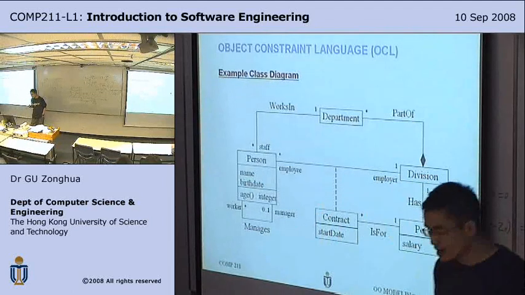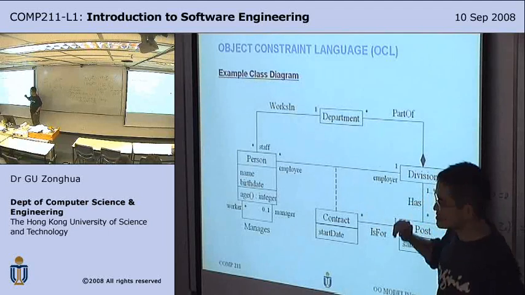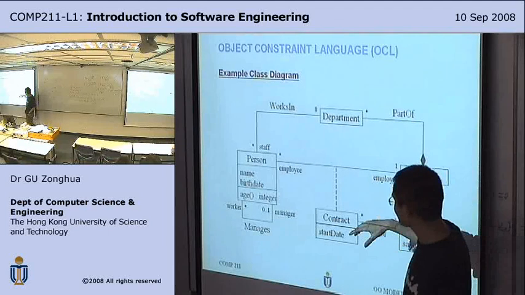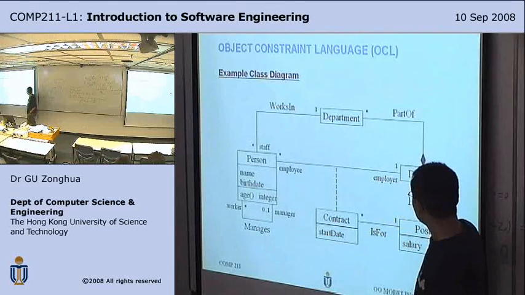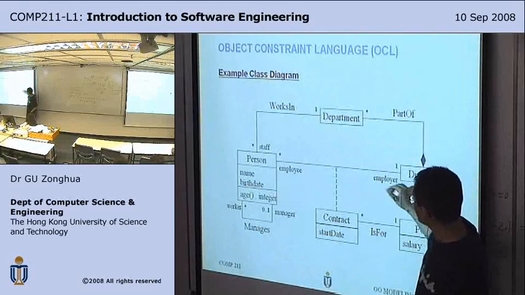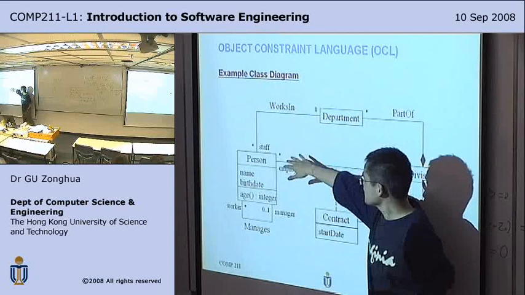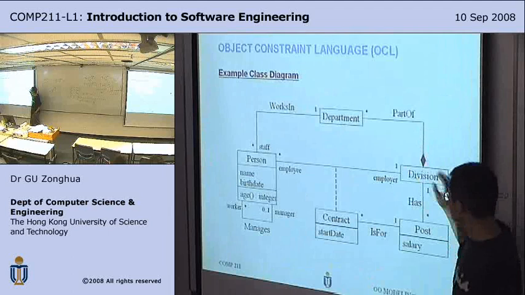As you can see, if the context is person, that is, you're starting from the person class, you can navigate to the division by following this association, or you can navigate to the department by following the works for association, and then from the department to the division.